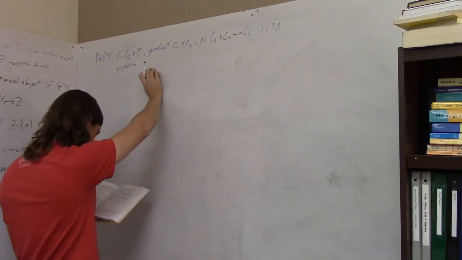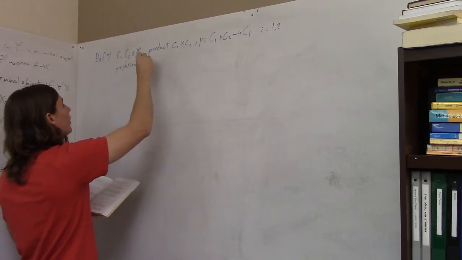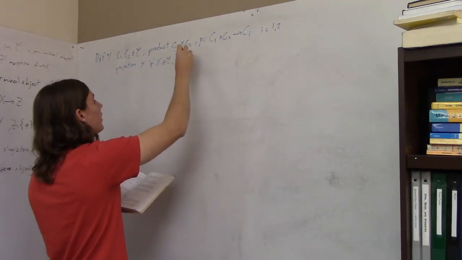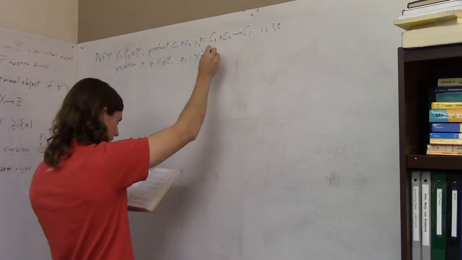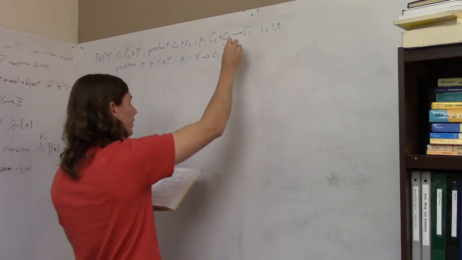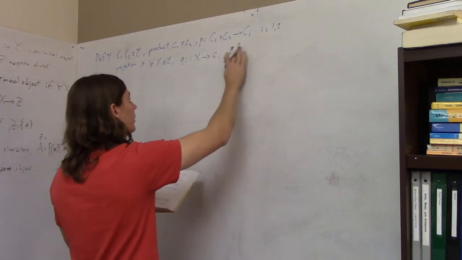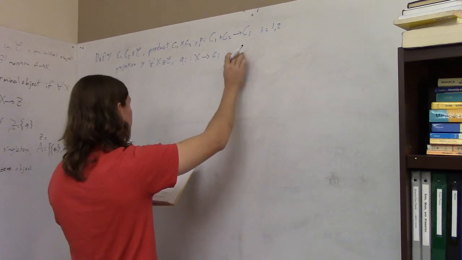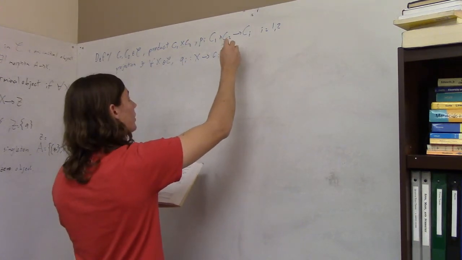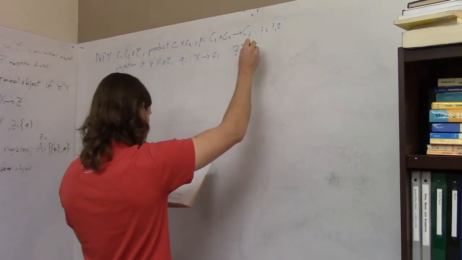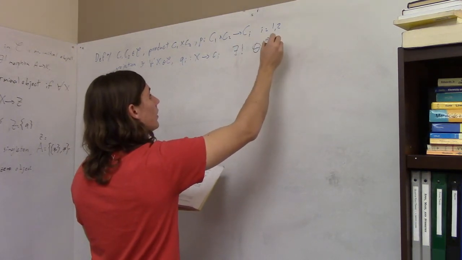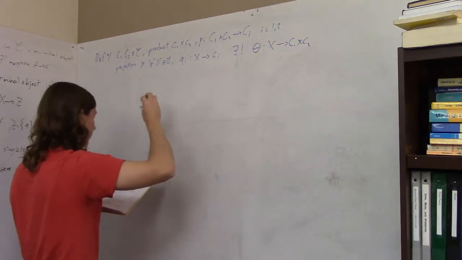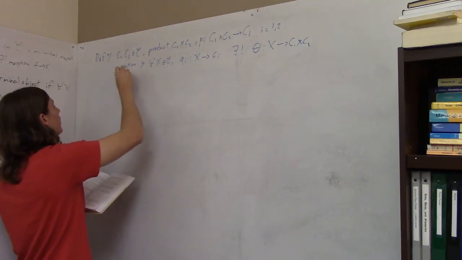And for every object X, there are also morphisms qi from X to Ci, where there exists a unique morphism theta from X to C1 cross C2 making the following diagram commute.